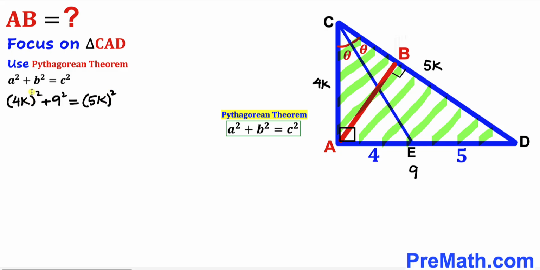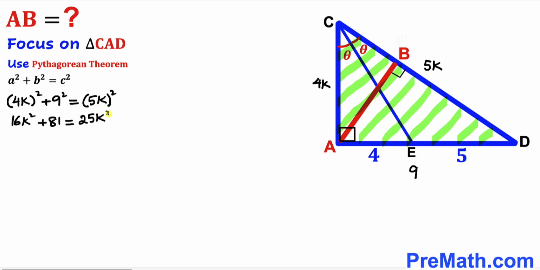Let's simplify. We can write 16k square plus 81 equals 25k square. Let's subtract 16k square from both sides. That gives us 9k square equals 81.